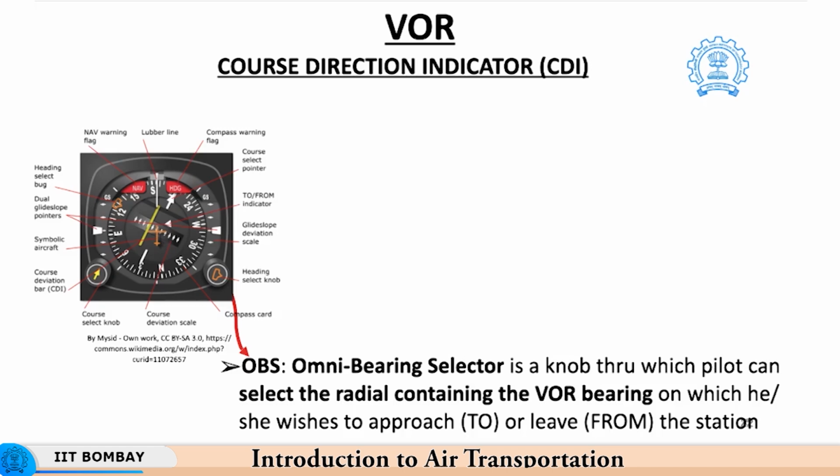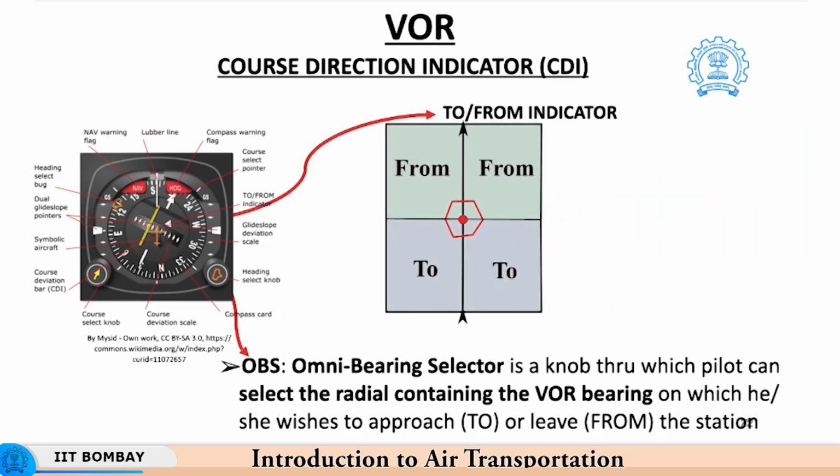As I mentioned earlier, based on what the pilot has planned according to the flight plan, the pilot can select what radial course the pilot wants to follow towards the VOR station.